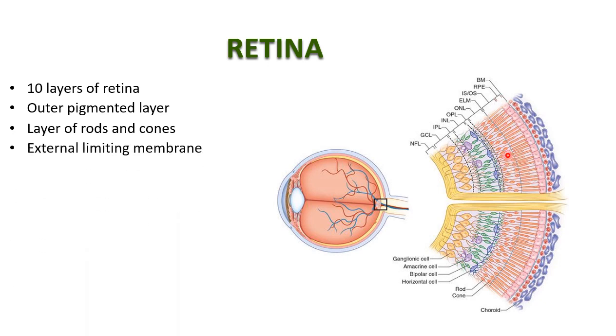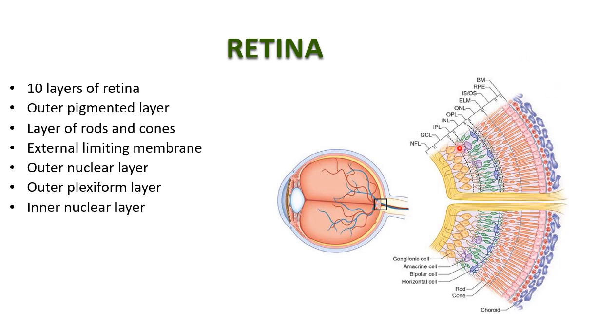Then deep to it you have a membrane called the external limiting membrane, and then the outer nuclear layer, which consists of the cell bodies of these rods and cones. From there the central processes form a nerve plexus called the outer plexiform layer. They are all bipolar neurons; for all specialized sensations, you have bipolar neurons.